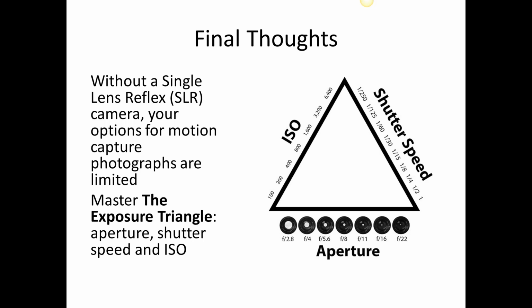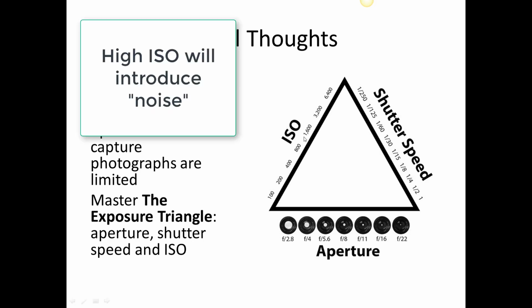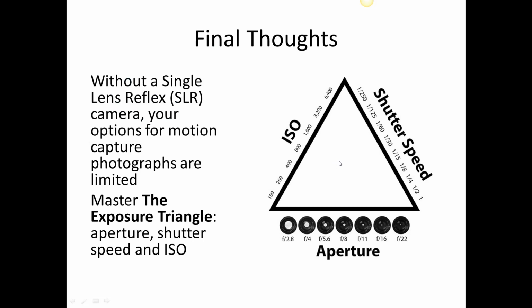When you start getting up into the range above 1600, 2000, somewhere in there, you start getting an effect that's called pixelation or noise, and it's just an artifact of what happens when you have your ISO real high. Sometimes you have no choice. If you want a photo, you're going to have to shoot with a higher ISO.